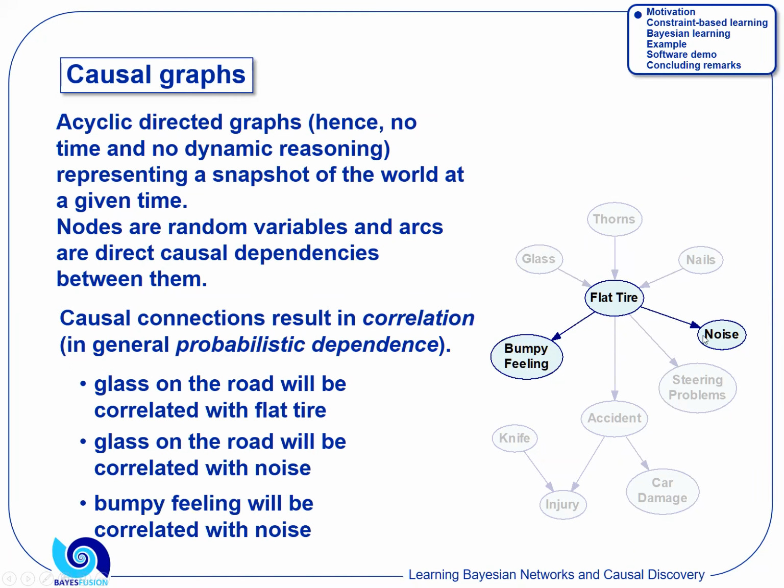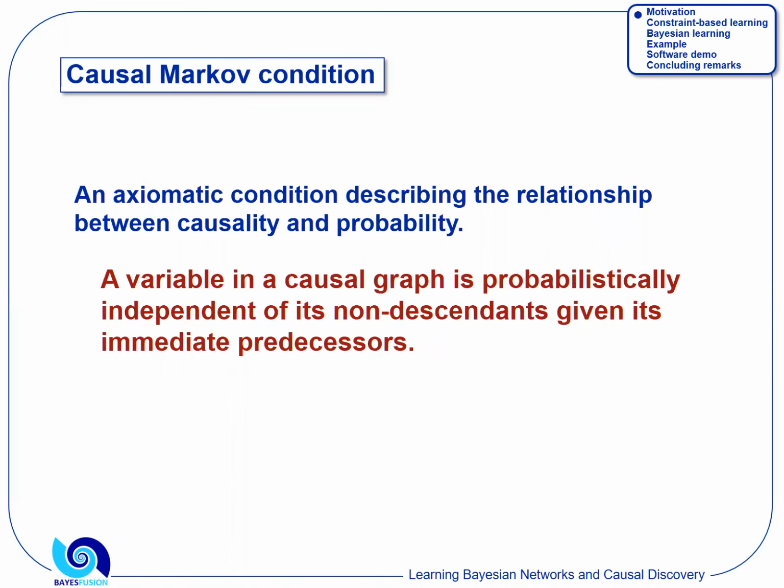Noise and bumpy feeling are going to be related too because there's a common cause, a flat tire. These are consequences of Markov condition. The causal Markov condition is phrased the same way, the only difference being that the graph is causal. It's a causal graph. A variable is independent of its non-descendants given its immediate predecessors. That's a somewhat formally stated condition.